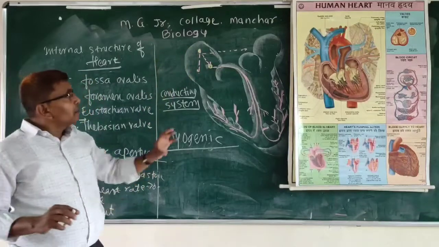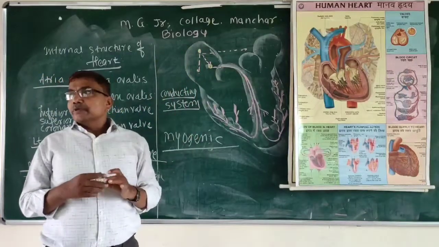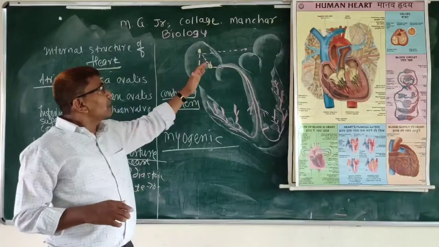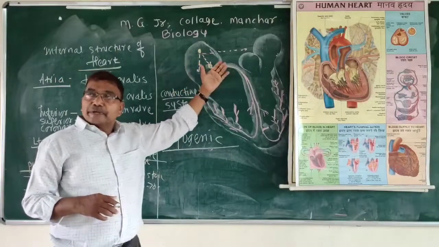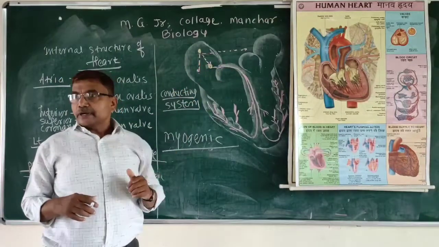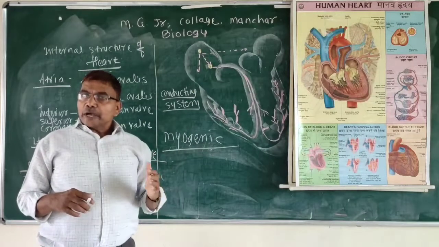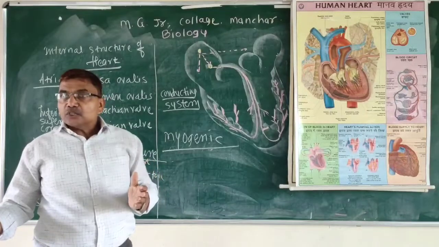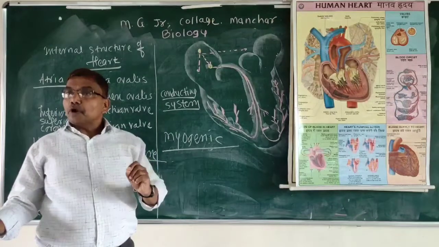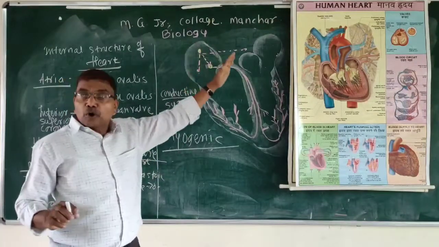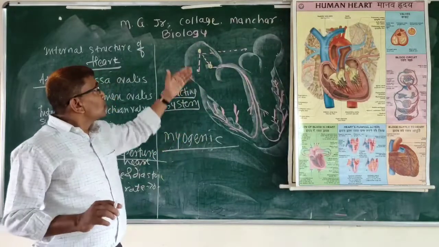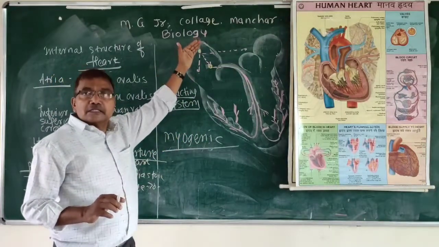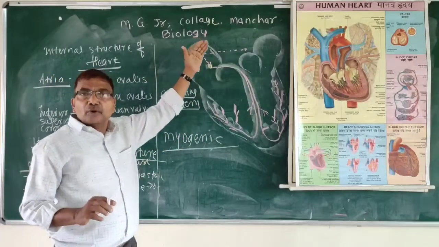In the heart, about 4 types of nodal tissues or special conducting tissues are present. This conducting tissue helps in carrying the stimulation of contraction fast over the wall of the heart. First is the sinoatrial node.